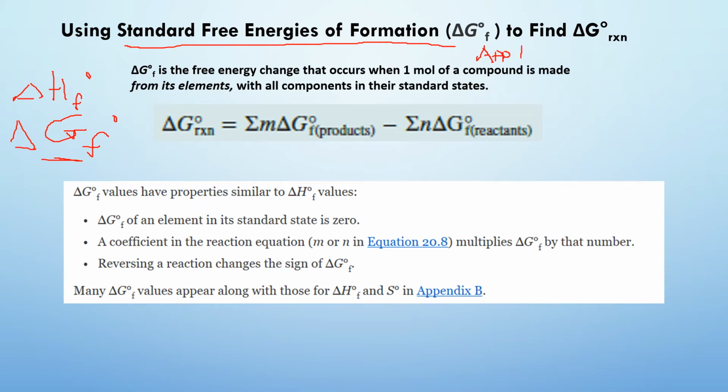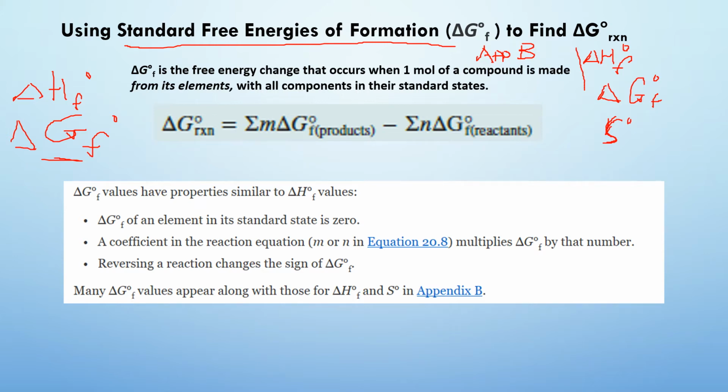So in appendix B, you can find the delta H formation, all at standard state, and delta G, the free energy of formation, and also the standard molar entropy.